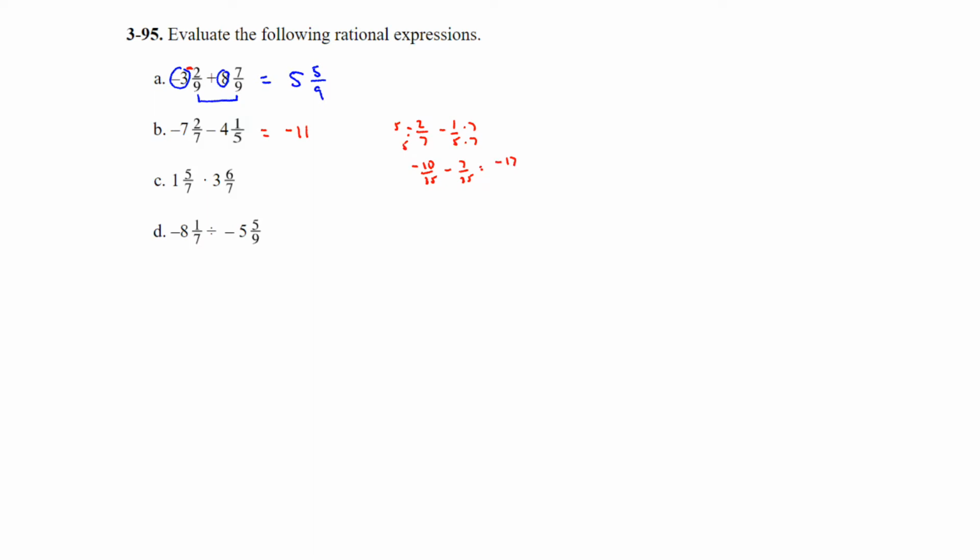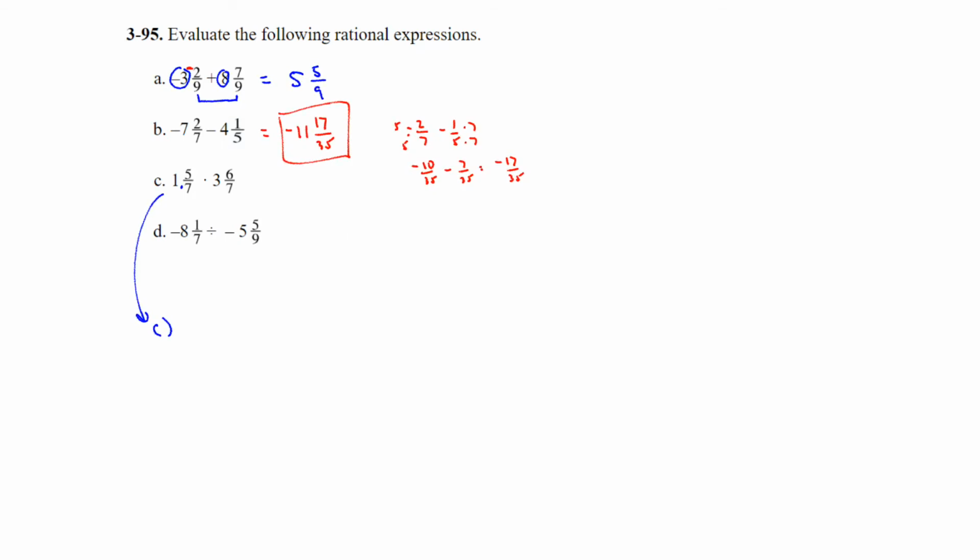So that would give us negative 17/35. And so therefore we have 11 was also negative, so negative 11 and 17/35.